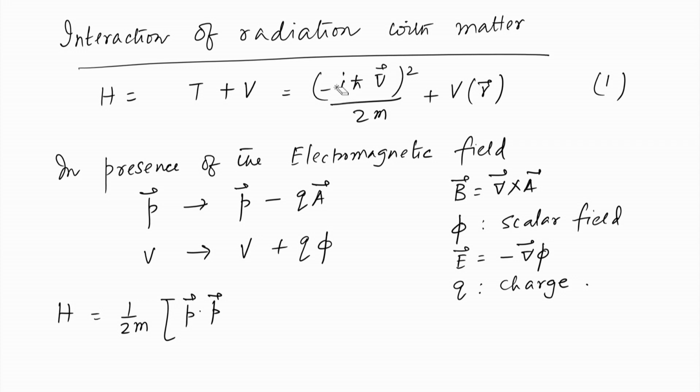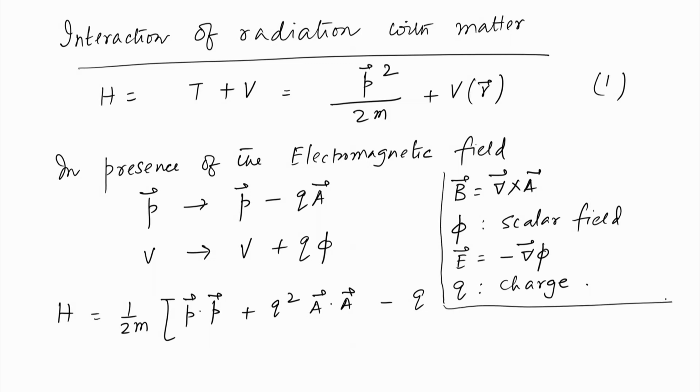We may not want to write it like this, but simply writing it as P square over 2m will do. So, this is P dot P, and now it is q square A dot A and minus q.